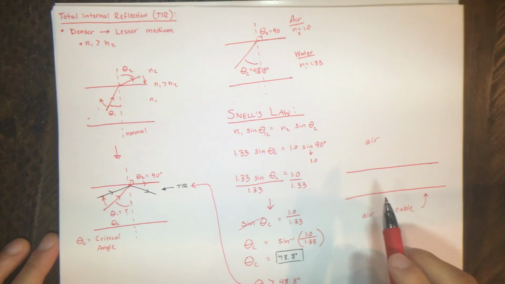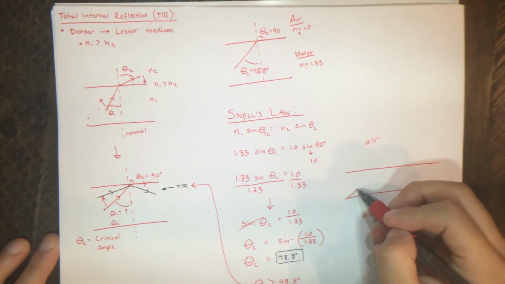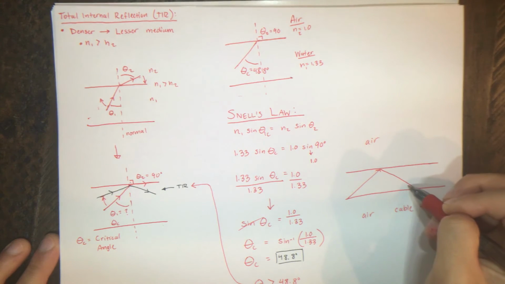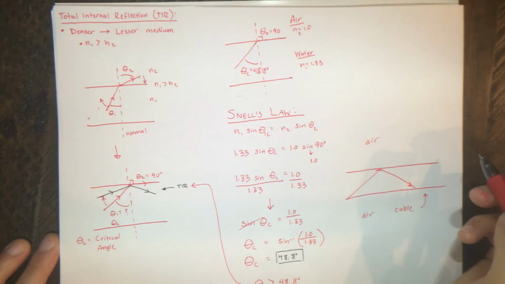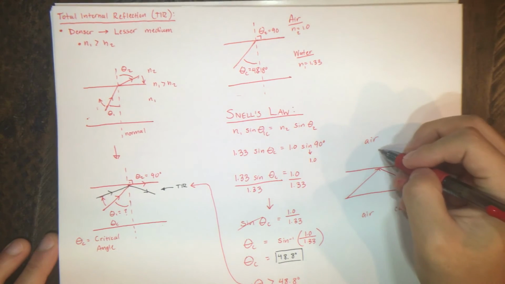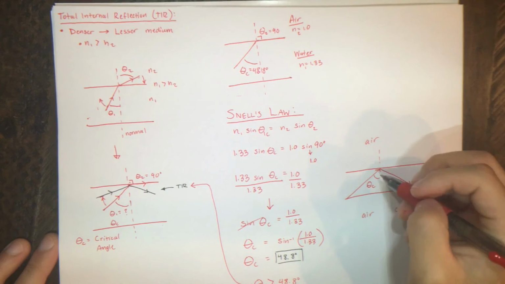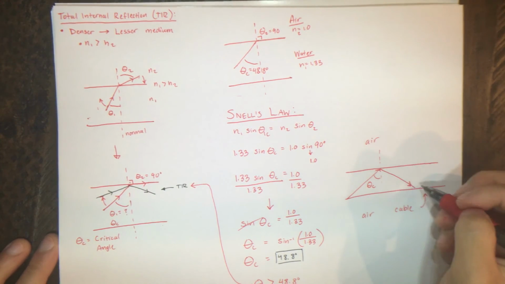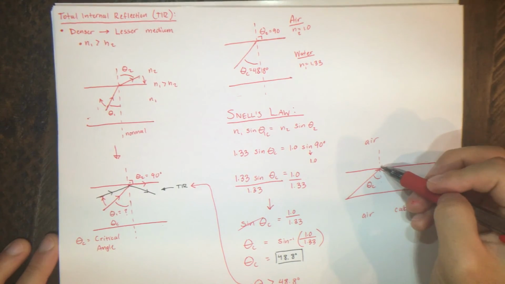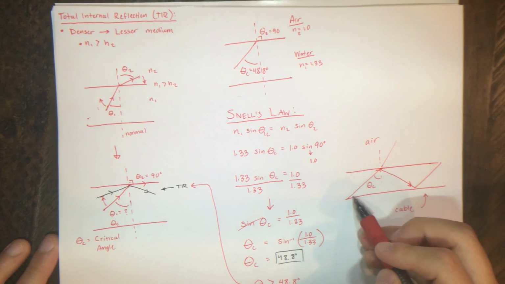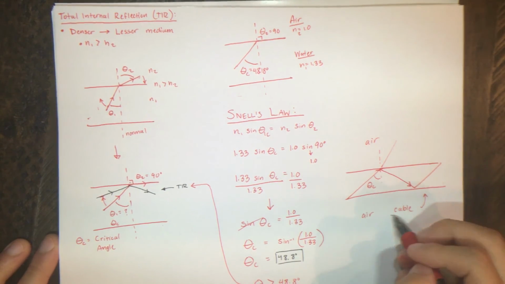The light basically travels like this to the point where the angle that it comes in at is greater than the critical angle. So instead of anything coming outwards or refracting parallel, the light simply bounces within the cable.